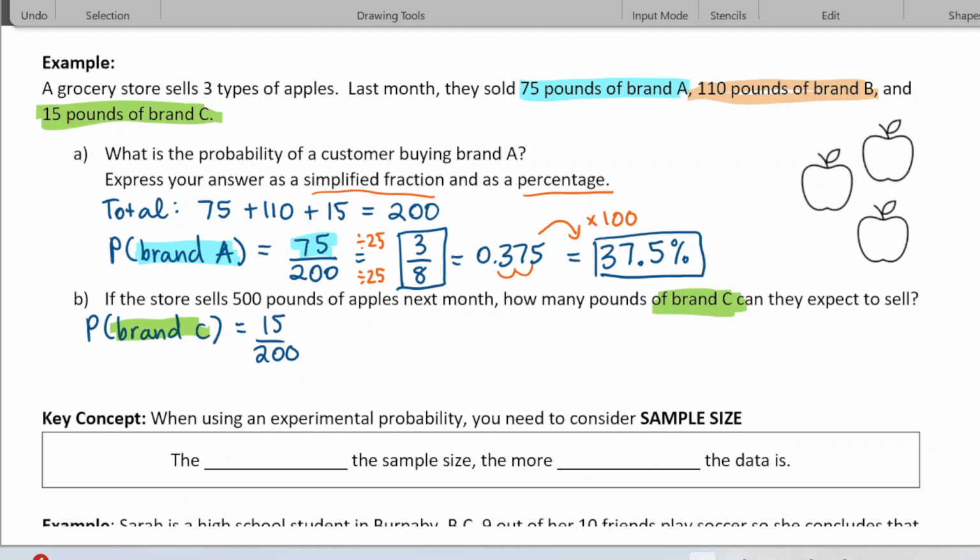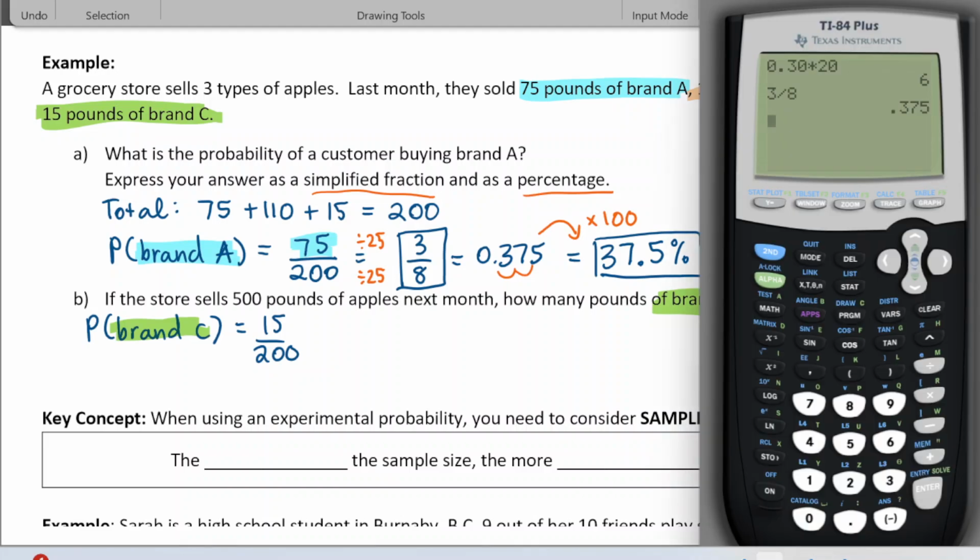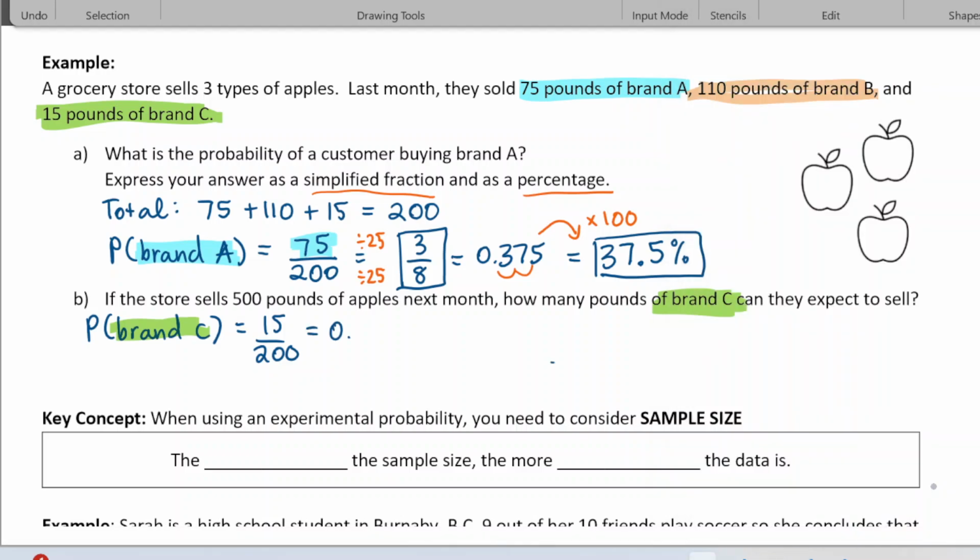If I turn that into a decimal number, it's 0.075, or 7.5%. The way I did that is I just moved the decimal over twice. So only 7.5% of the apples are brand C.